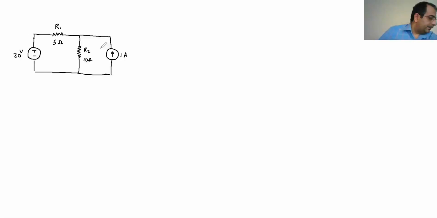And if we have I in this wire is going to be I1, and I in the second wire is going to be I2. So assume we want to find the magnitude of the I2. So how are we going to do that?